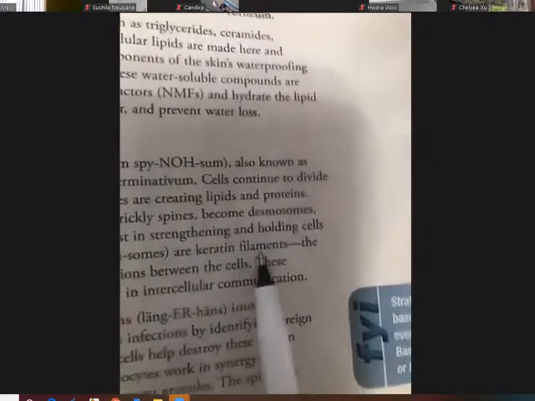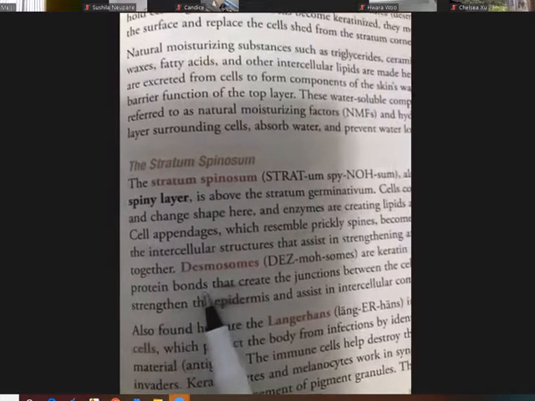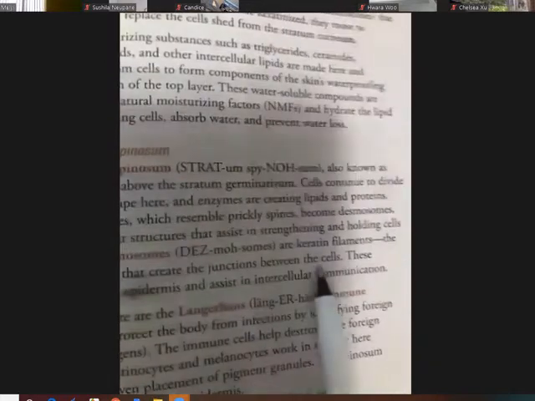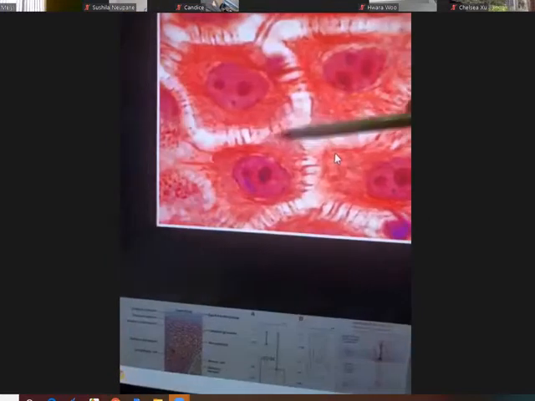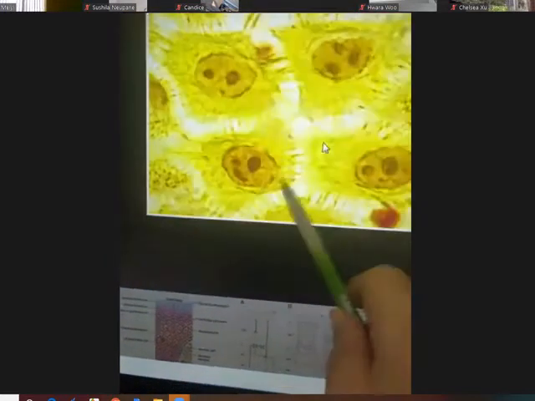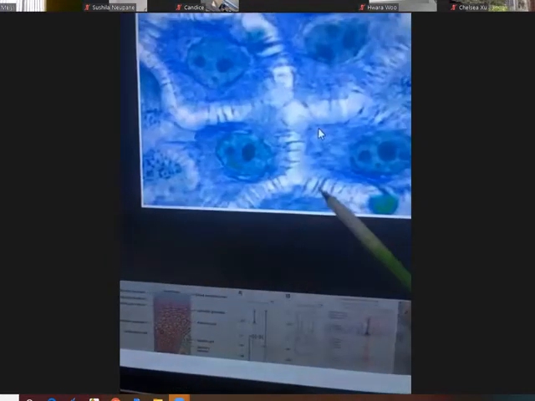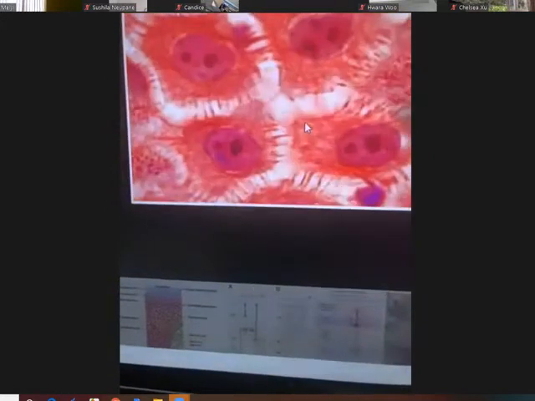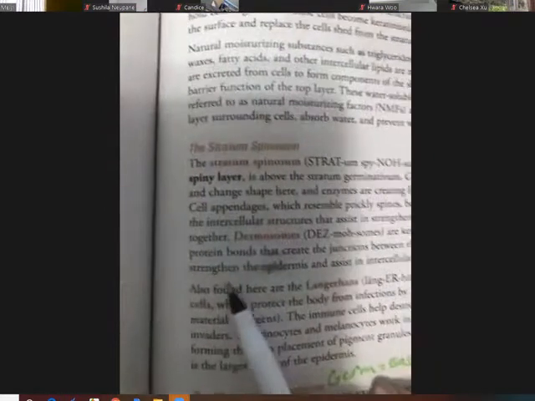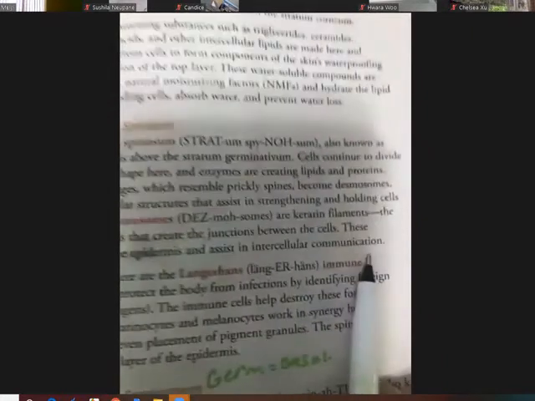So desmosomes are keratin filaments, protein bonds that create the junction between the cells. That's why the cells stick together. It's because of the desmosomes. You can see the cells all stick together because of this. This spiny thing is the desmosomes. Okay, so this strengthens the epidermis and assists in intercellular communication.